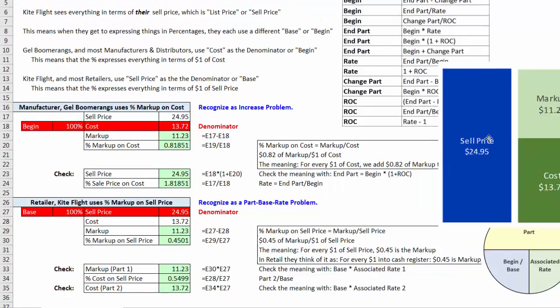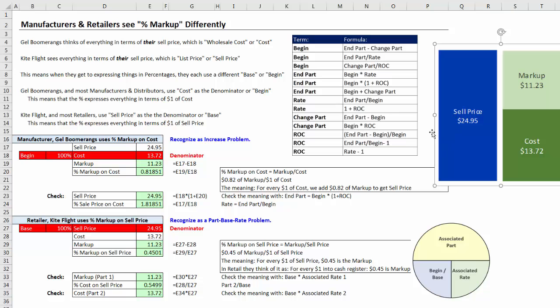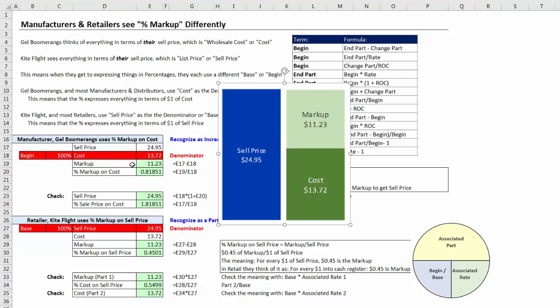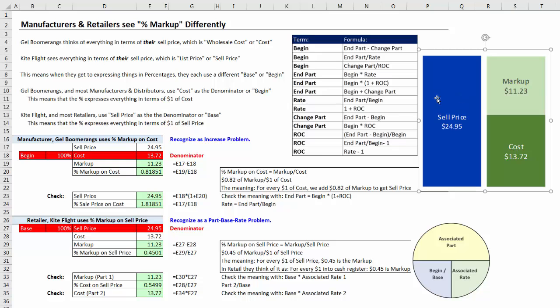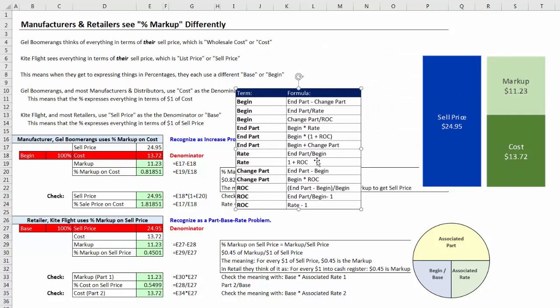Now we want to recognize something here. From everything we've learned in the class so far, and looking at this diagram, when cost is the denominator, that's this right here, it's an increase problem. The markup, we go up, up, up, up, some change part to get to some end part. So you can use this diagram right here. You can also use, these are all the formulas we saw from video 23.